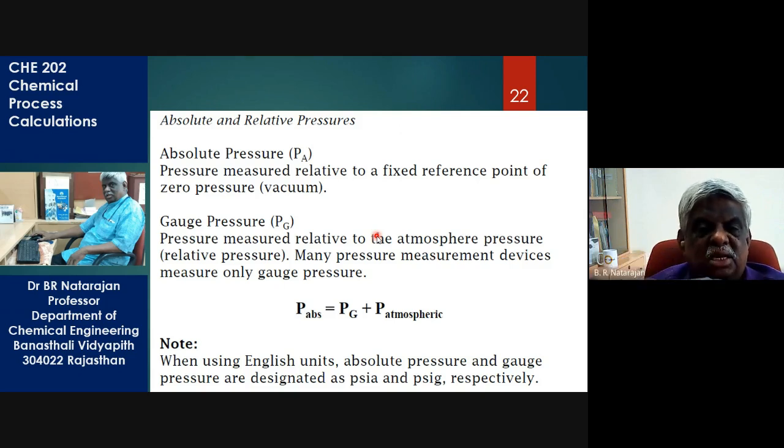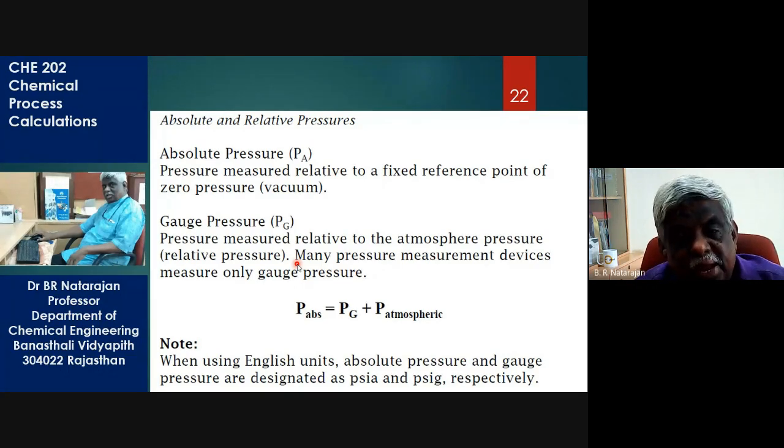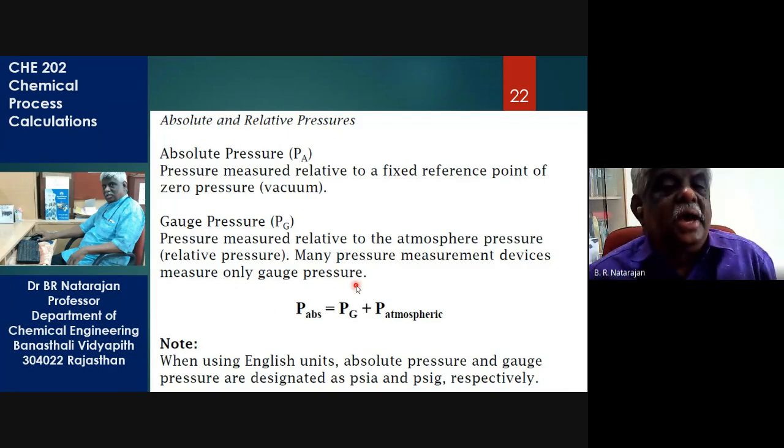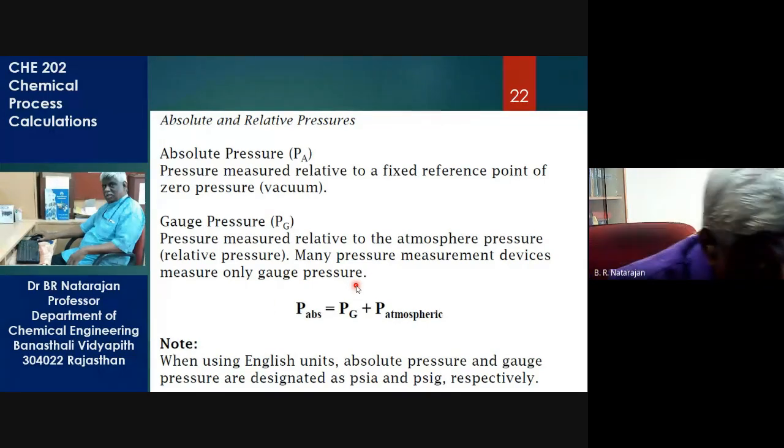So gauge pressure, PG. G stands for gauge, PA stands for absolute pressure. Pressure gauge is also known as relative pressure, pressure measured relative to atmospheric pressure. So what you are measuring is actually with respect to atmospheric pressure. Many pressure measurement devices measure only the gauge pressure and not absolute pressure.